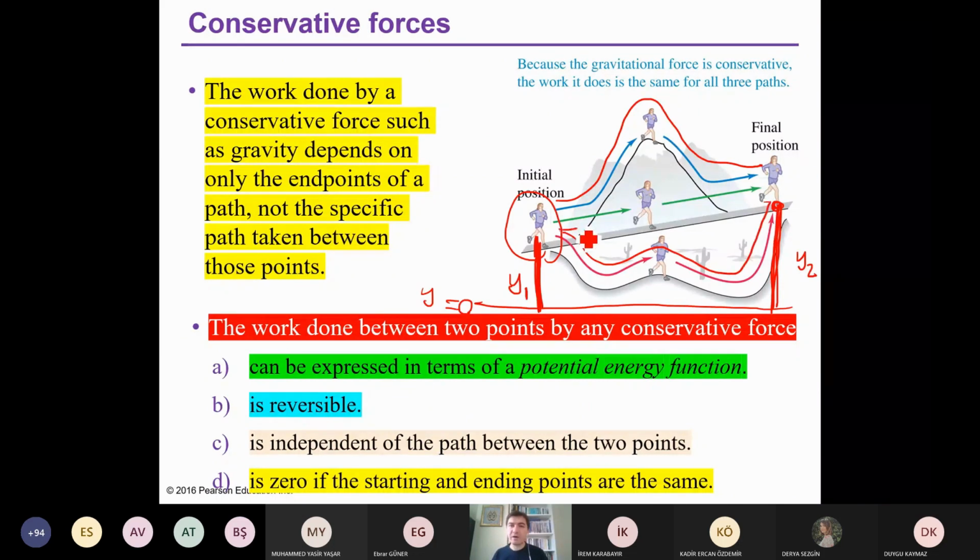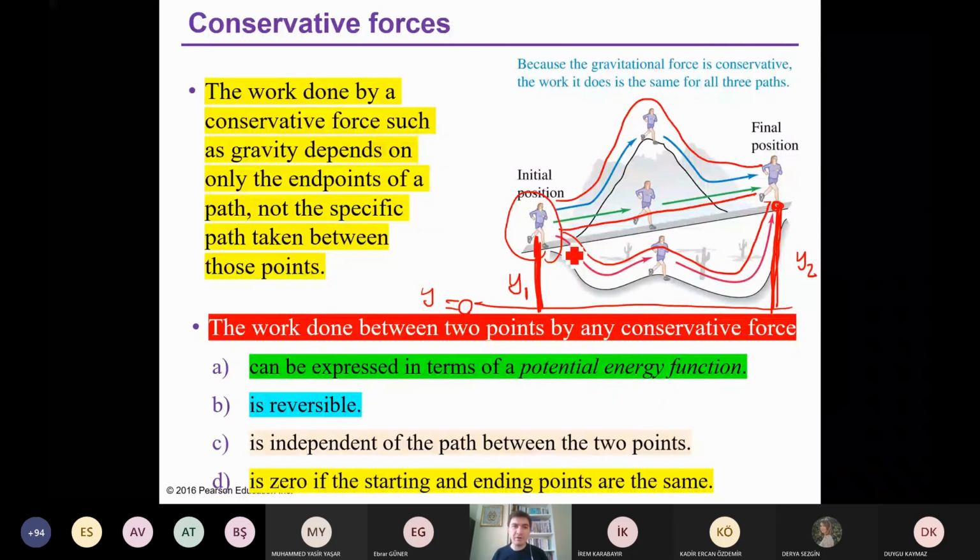But what about the work done by gravitational force here? The work done by gravitational force is the same for all 3 paths because gravitational force is conservative.